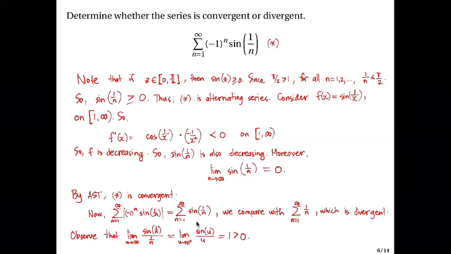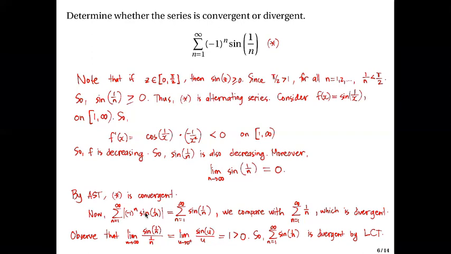Which means that this series is divergent. So the series sine 1 over n, from 1 up to plus infinity, is divergent by the limit comparison test. So the original series is convergent, but it is not absolutely convergent because this one is divergent.